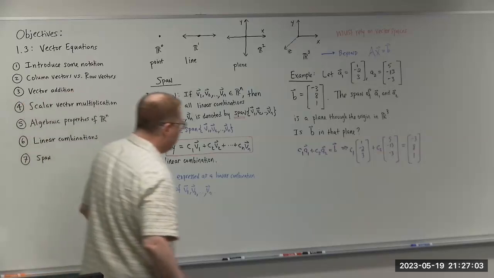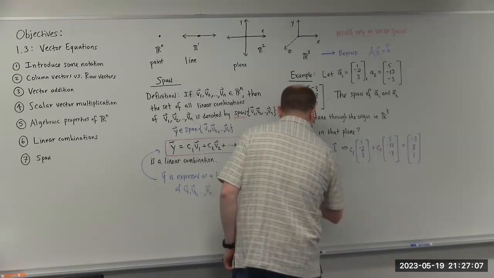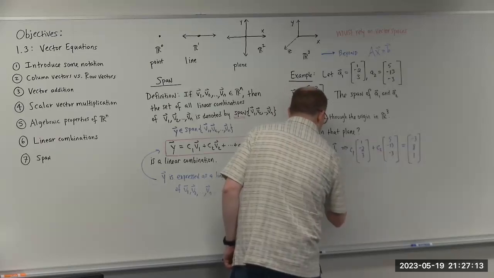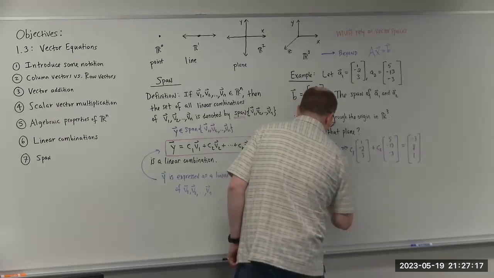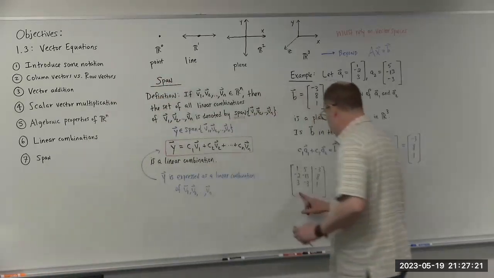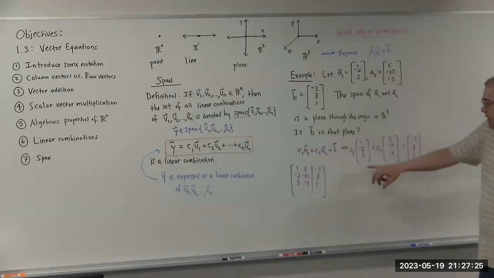Putting this in augmented form, we have 1, -2, 3, 5, -13, -3, and then -3, 8, and 1. There's our augmented system, our coefficient matrix A, and there's our vector B.